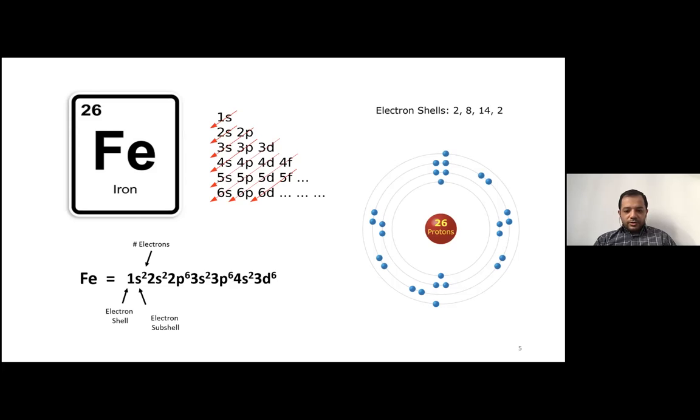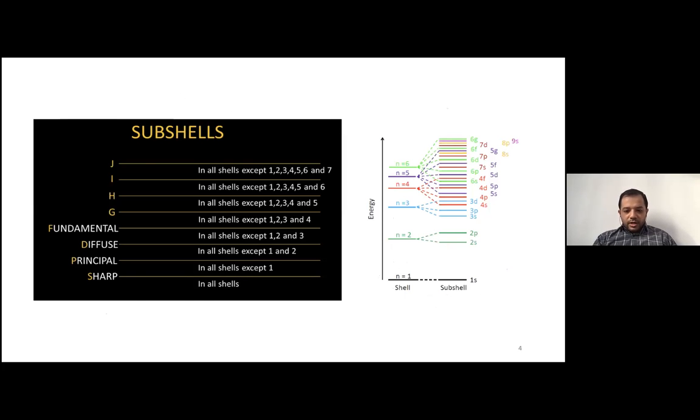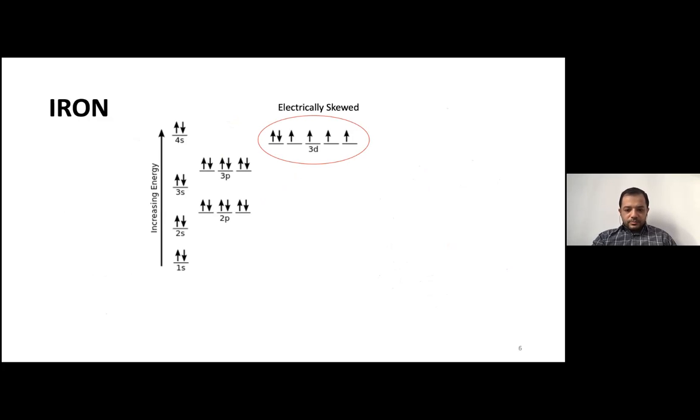And if I were to draw this configuration with respect to the energy bands and levels that you've seen here, it would look like this. And you notice that there is a subshell, 3d, where, unlike the norm, the electrons are unevenly distributed.